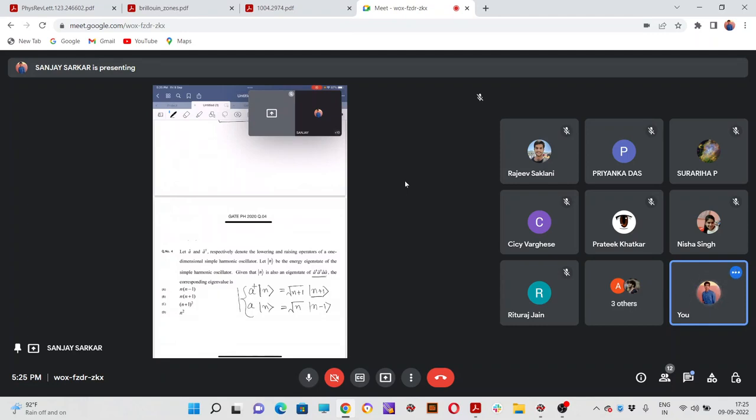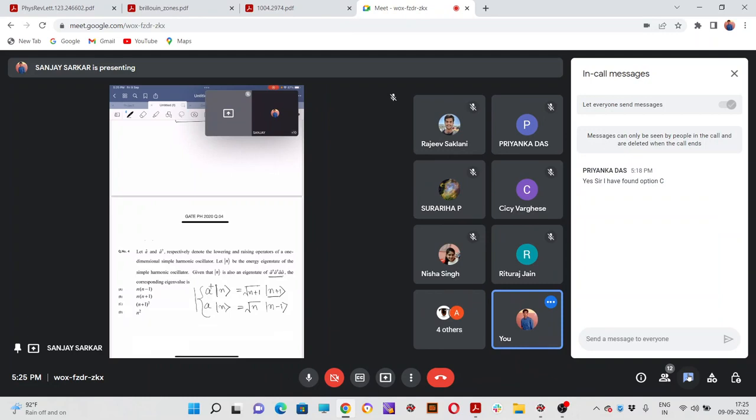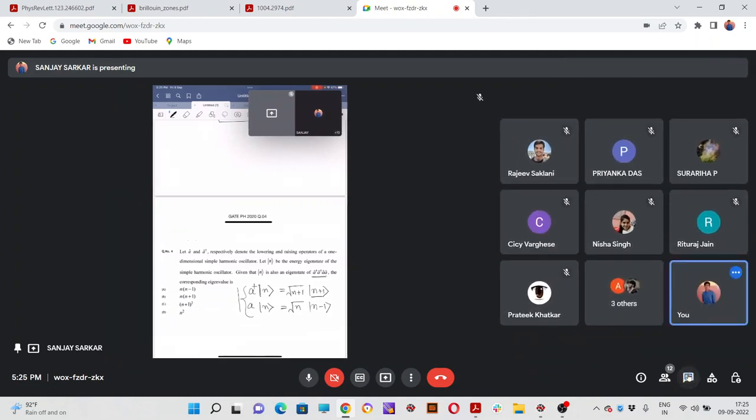If you use these two properties, you can find out the correct answer for this question. So I think it should be done by everyone. So let's try everyone. Sorry, is that option A?